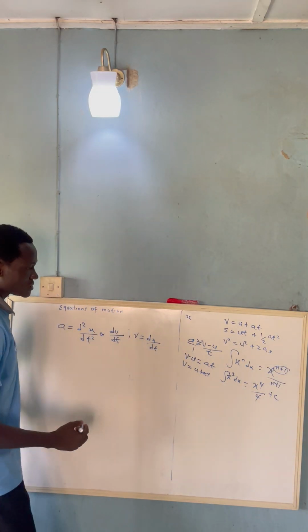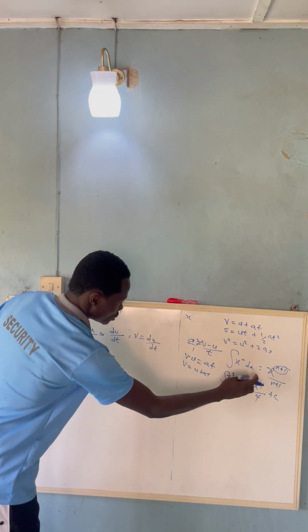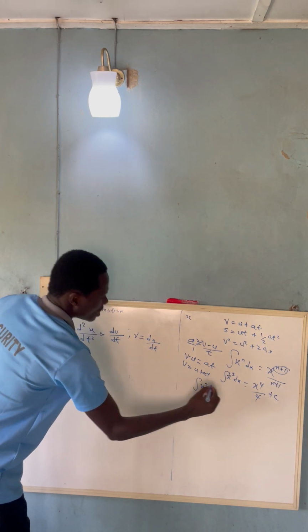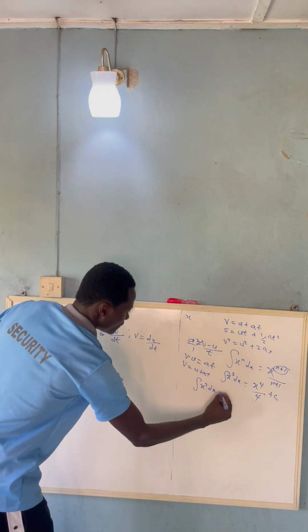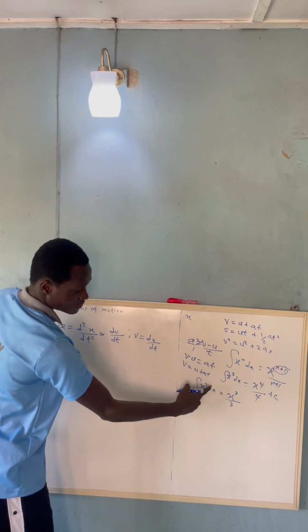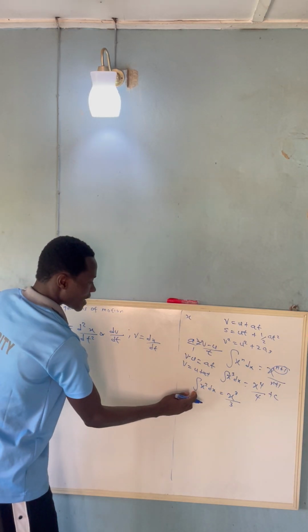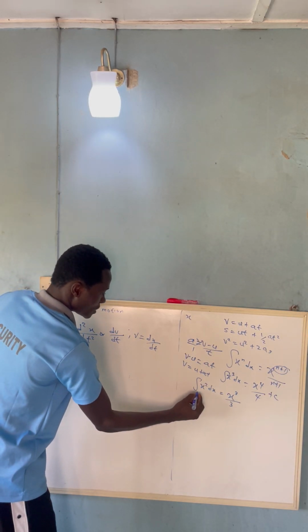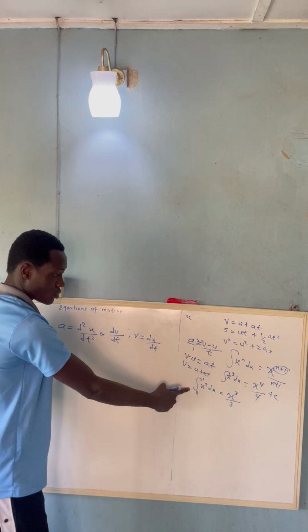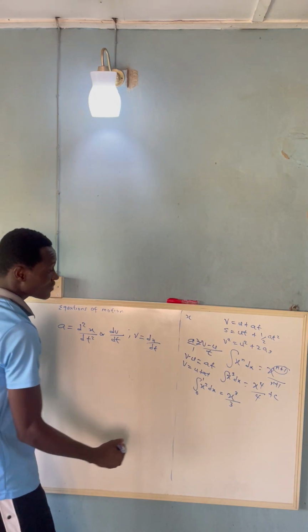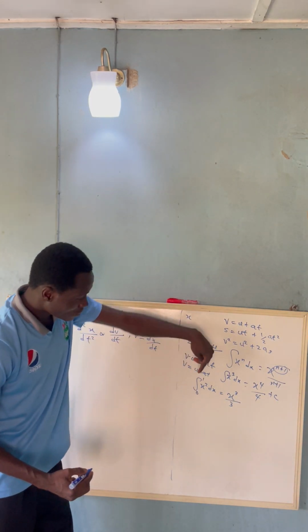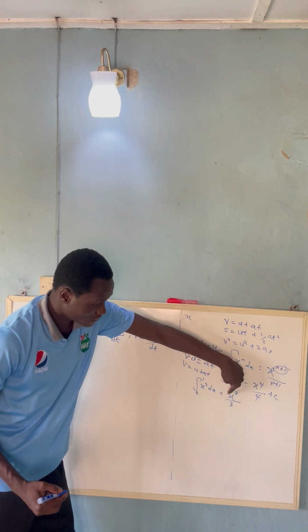Let me assume I have the integral of x² dx. How will I resolve this? I'm going to have x³/3, since I added 1 to the power. But if I attach limits, let's say this is 0 and this is 1, this type of integral is called a definite integral. In this case, I will not attach a constant. Rather, I will plug in the upper value, which is 1, for x.